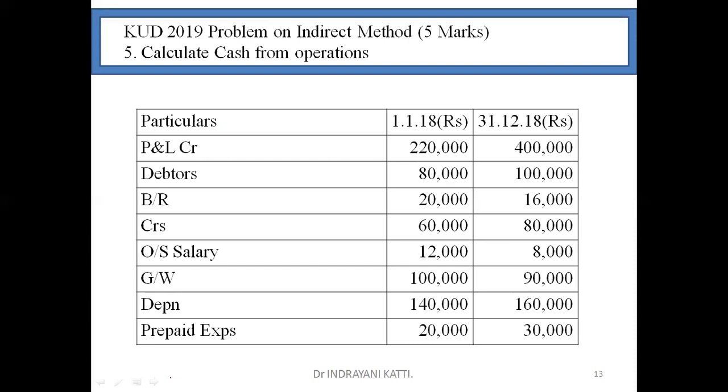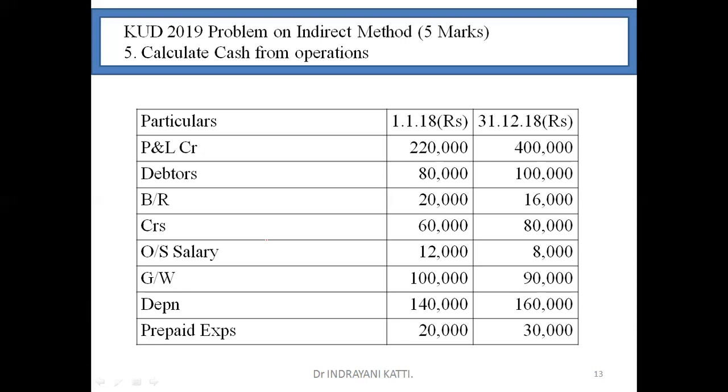They will not tell you that this is the indirect method. They will give the information, and looking at the information, we have to identify what exactly it is. It is asked whether on the direct method or on the indirect method. So this problem is on the indirect method. What is the direct method?